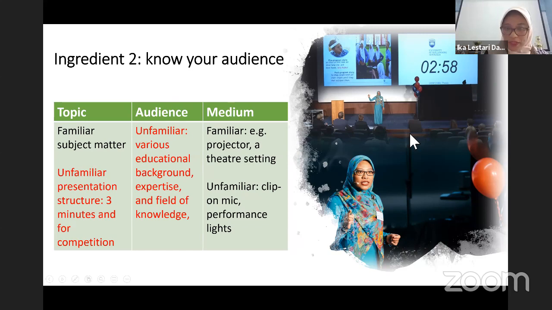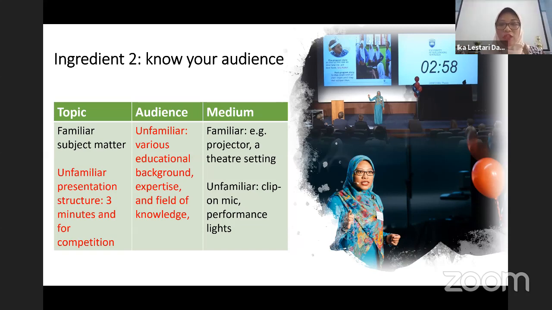Like you can see from the picture here, maybe on the slides, there are 3 people in the front row. They are judges from different faculty. So they actually don't know about, let's say, even EFL or ESL. Those terms are commonly used in English language teaching.